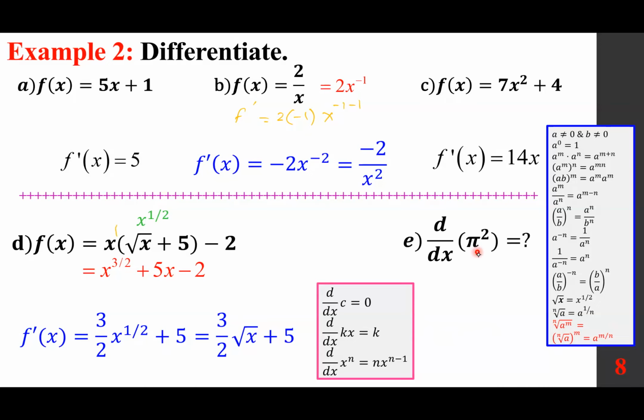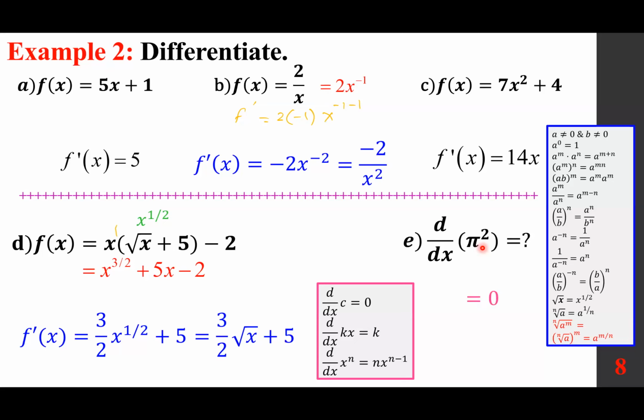Can anybody tell me what's the answer here? Look at this very carefully, so you can make a proper decision. d/dx of pi squared. Pi squared, like pi, like e, like 1, like 10,000, like negative 1/3, is a number.